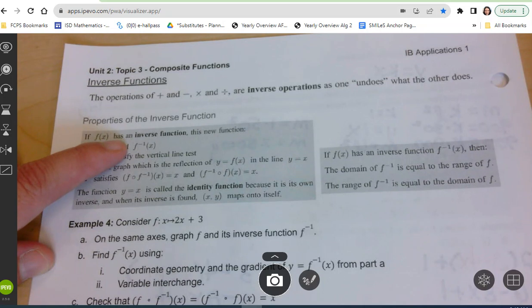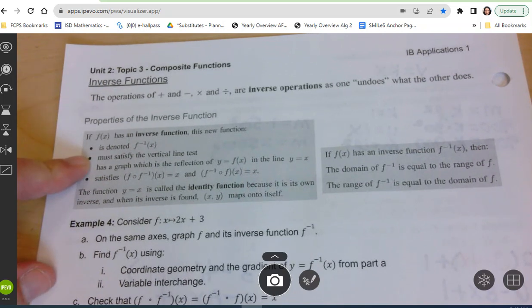Math does these things sometimes. It says things that should mean one thing, but they actually mean something totally different. Honestly, I feel like it was something that some people did when they were creating these to make it confusing on purpose. Don't let those things confuse you, okay? That doesn't mean negative 1 exponent. It means inverse of f.